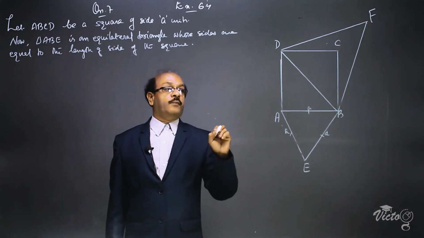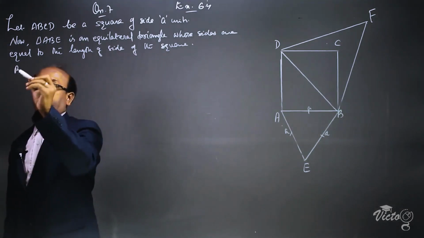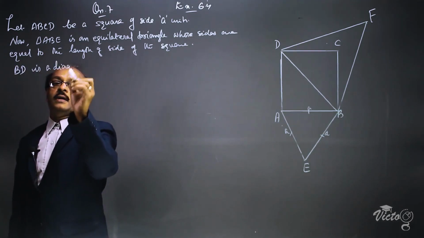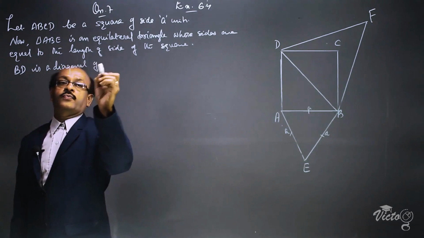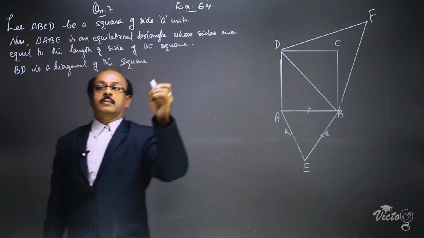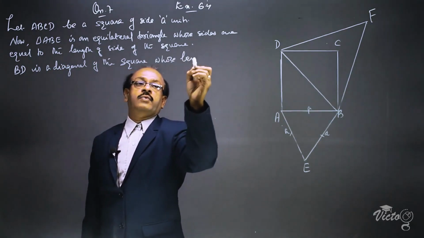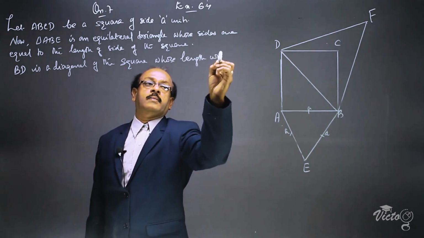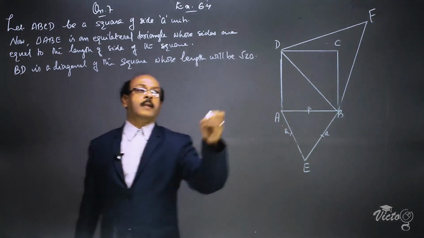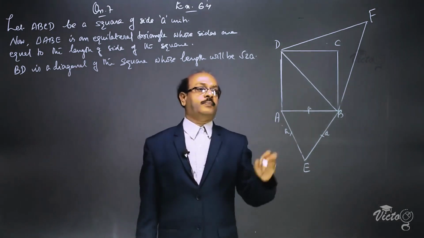Now, BD is a diagonal of the square, whose length will be root 2 a. Root 2 a will be the length of the diagonal BD.